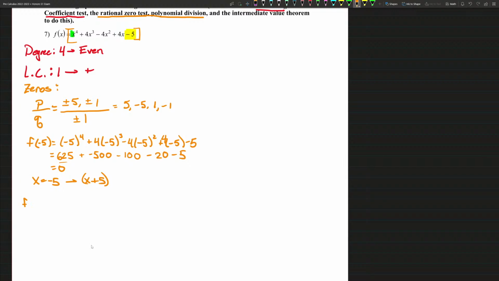So I also said that f equals 1 is a 0. So that'd be 1 plus 4 minus 4 plus 4 minus 5. 4 plus 4 is 8. Plus 1 is 9. So this is also equal to 0. So x equals 1. That's 0, so x minus 1 is a factor.